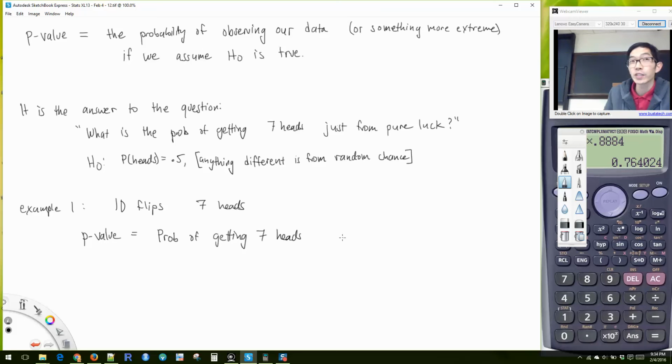So that means getting 7 heads or 8 heads, 9 heads, or 10 heads. So 7 heads or more, because if we suspect our friend is cheating when he won 7 heads out of 10, we would also suspect he was cheating if he got 8 heads, 9 heads, or 10 heads, right? So the p-value would be the probability of getting 7 heads or more if we assume he is playing fair.